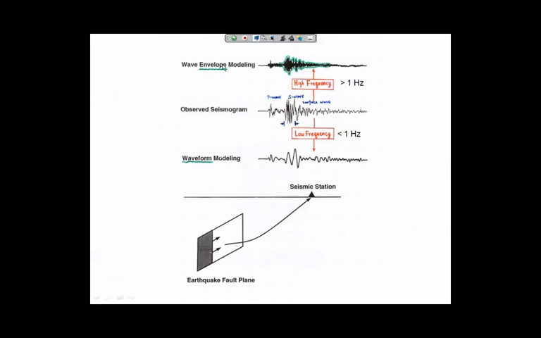But above 1 Hz, it's difficult to fit wiggle by wiggle, and we have to look at the envelope forms and use a stochastic approach. So many of the methods in the following summary will have some kind of hybrid approach for the low frequencies and the high frequencies.